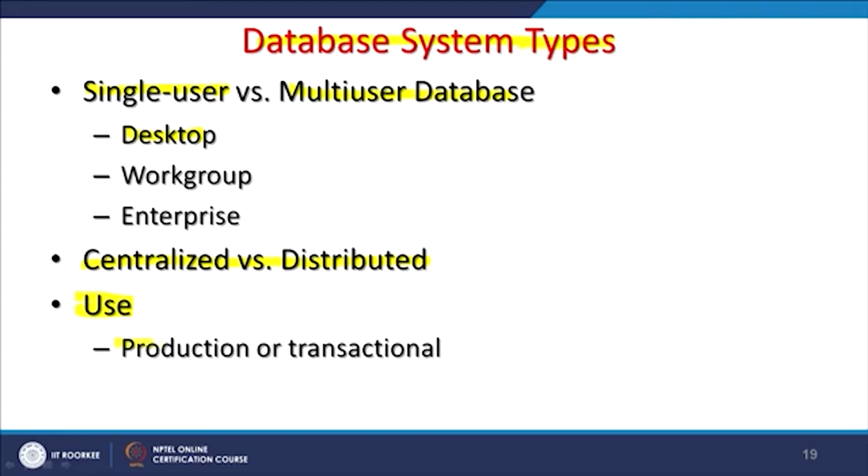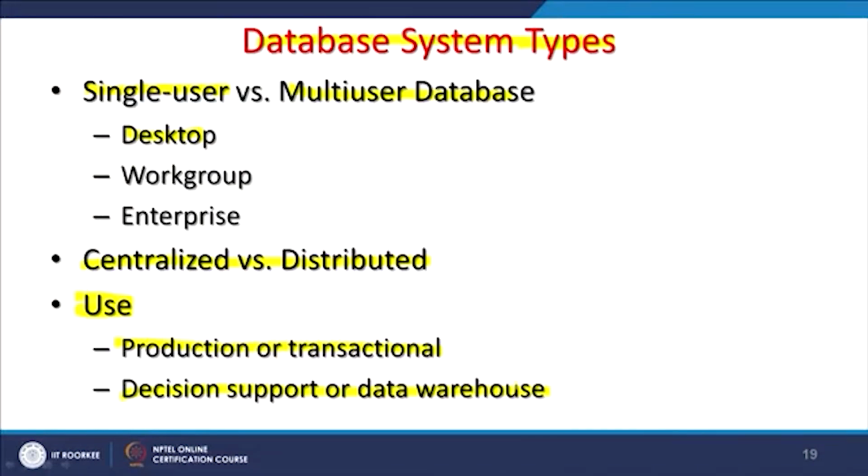And of course production or transactional, like banking, the State Bank of India site, that database is transactional, or some factory might have a production-related one. And decision support or data warehouses. Whether my database management system is being designed for making good, timely decisions, or is a data warehouse. So the type will depend on all these things.